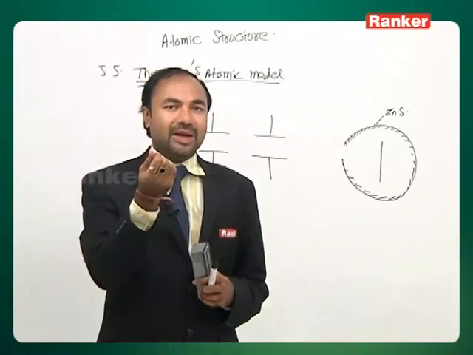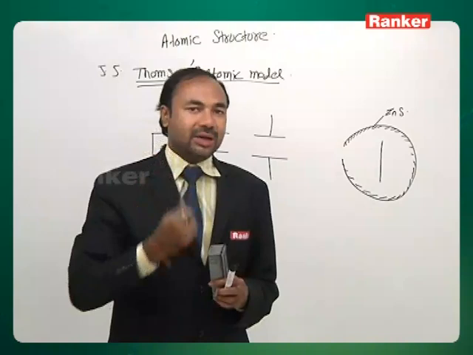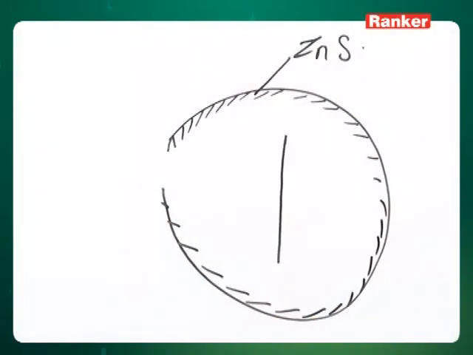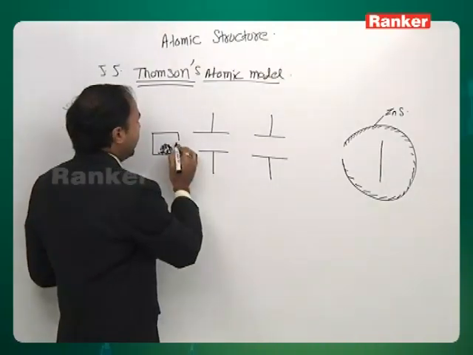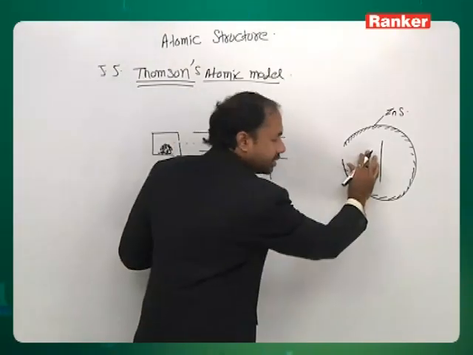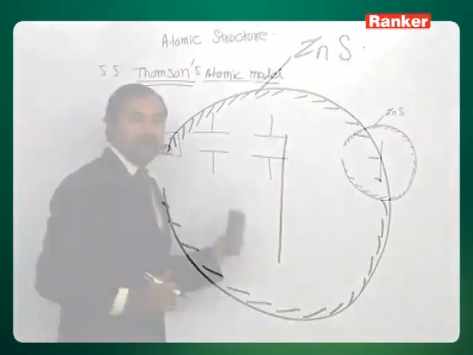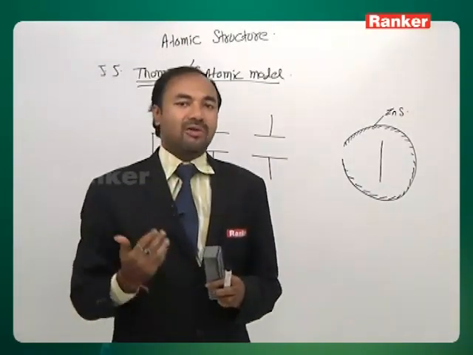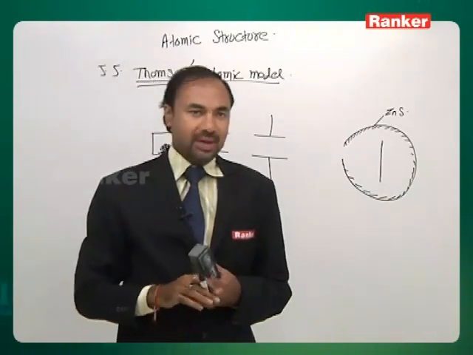A very thin layer, a single atom thick layer, he took and kept here. Now what happened was that these alpha particles moved, went there, and hit the gold foil. Actually what he wanted to check was the penetration power of alpha particles.